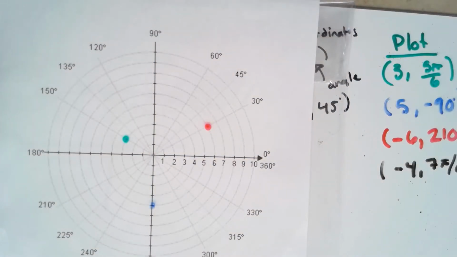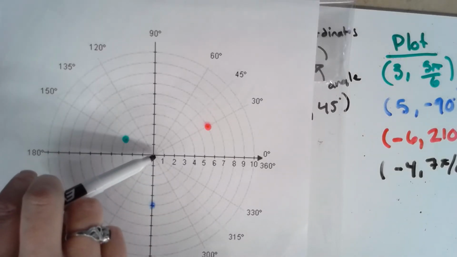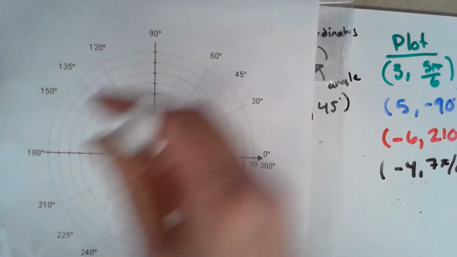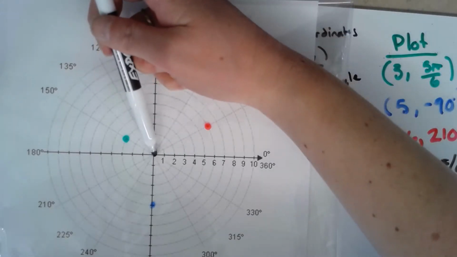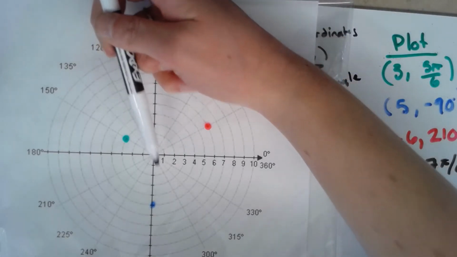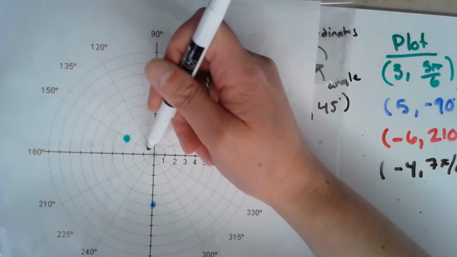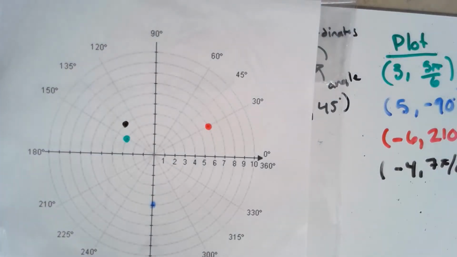So that's going to be right here at 315 degrees. We start at the pole, facing 0 degrees. We turn, so now we're facing 315 degrees, but instead of walking forward, we're going to go back negative 4. So we walk backwards 1, 2, 3, 4. Okay, so those are polar coordinates.